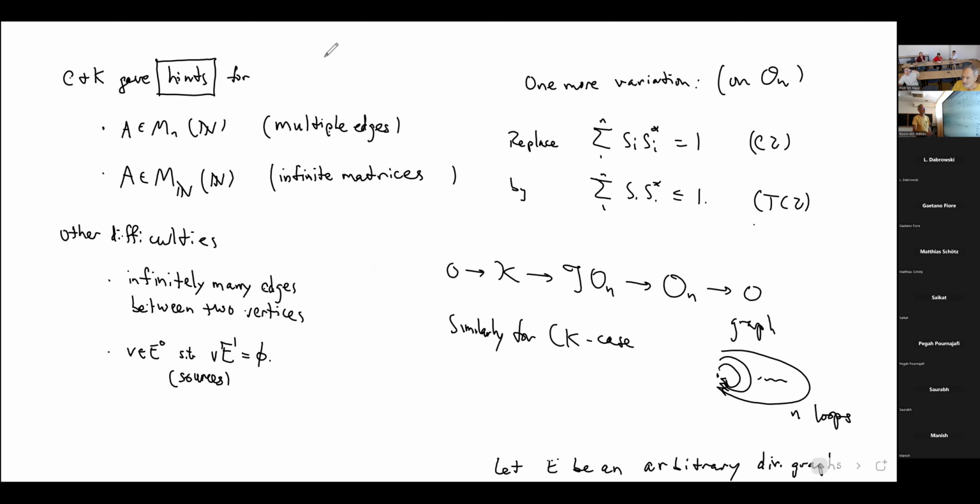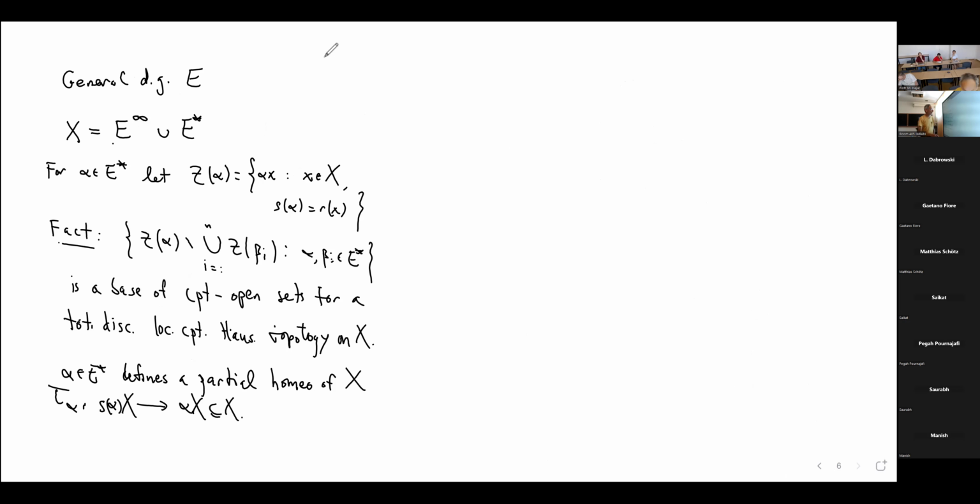So in the Cuntz algebra, if we replace the key identity by an inequality, then the universal algebra generated by such operators now has an ideal looking like the compact operators, and the quotient is the original ON. So we call this Toeplitz ON. This was actually considered by Cuntz in this paper. And there's a version of this in general for graph algebras, and that's what we're going to get out of this. Let me show you where the actual analog of the Cuntz-Krieger algebra or Cuntz algebra comes from.